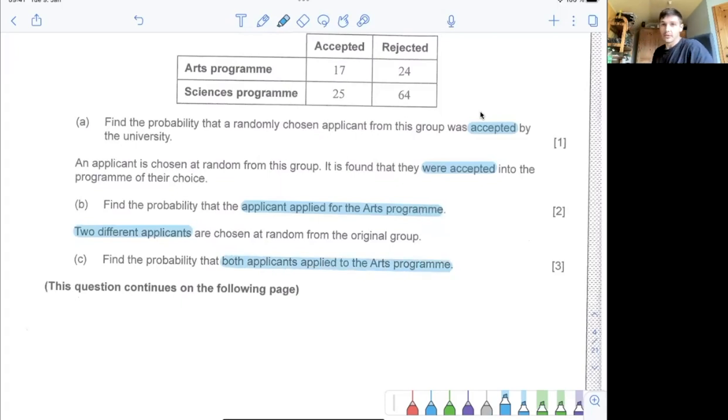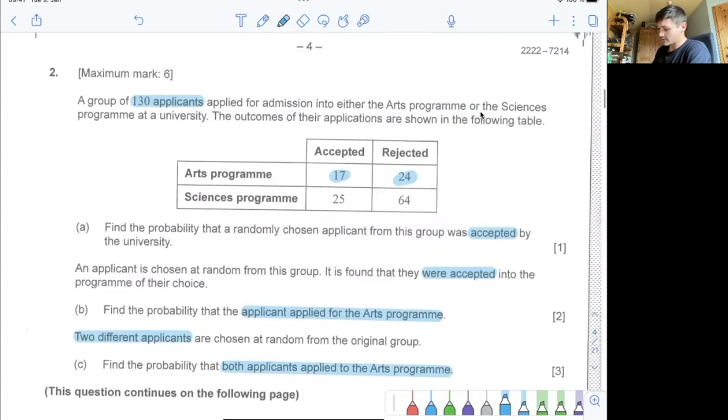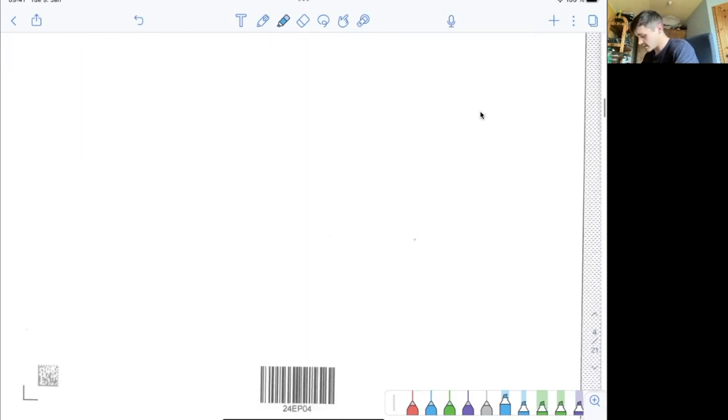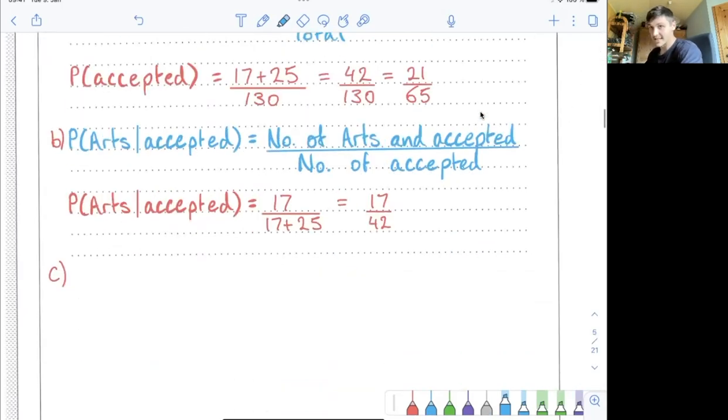Okay, so in order to find the probability of the first one we chose, or just one applicant, the probability that one applicant applied to the arts program, what we do is we'll take the number of art program applicants, which would be 17 plus 24, and we divide that by our total number of applicants, which was 130. All right, cool. So that will give us the probability of our first one. So let's put that in, and then we'll talk a little bit about the second one.